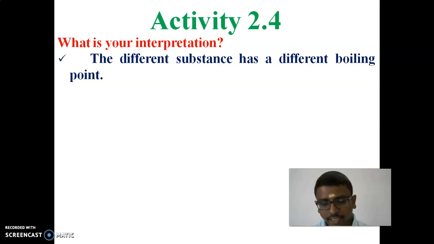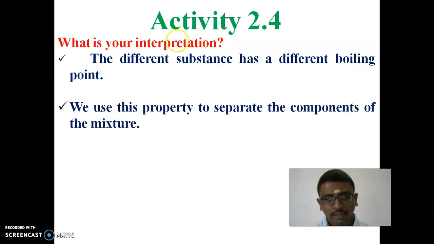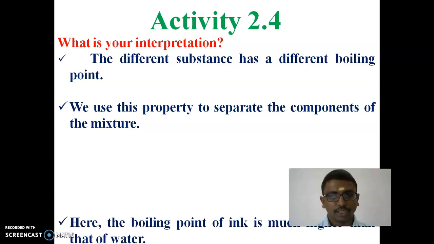We use this property to separate the components of the mixture. By the process of evaporation, we can separate the components of the mixture.